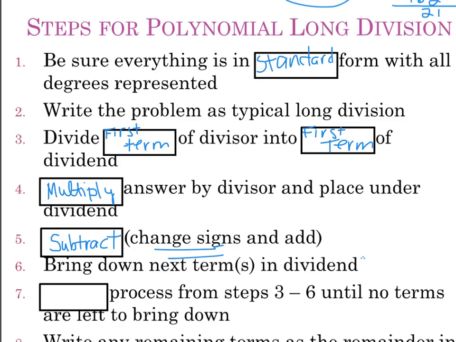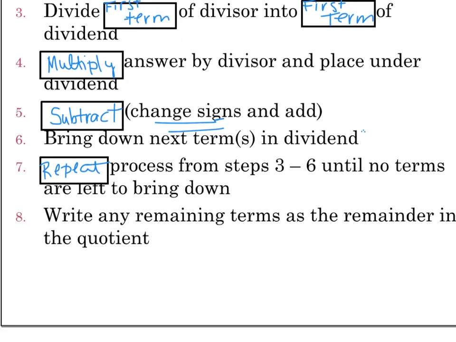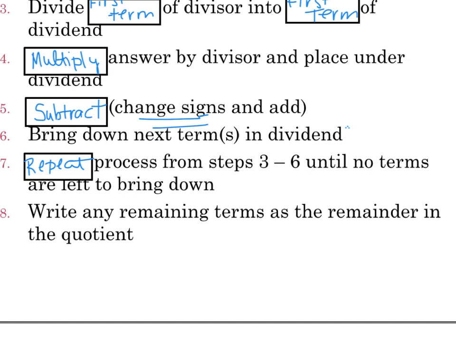We brought down the 3, and we repeat the steps. You keep doing that until you're finished and you don't have any more, and then you will write any remaining terms in a quotient, which is the same thing as a fraction.